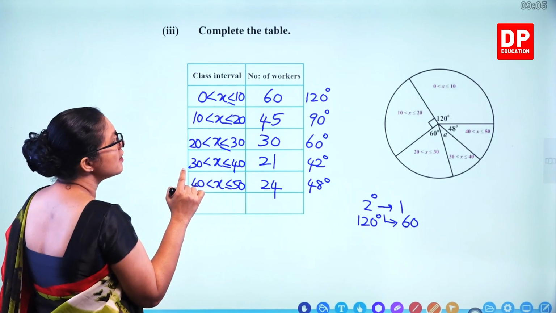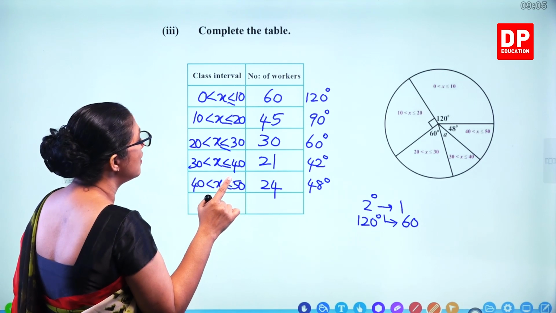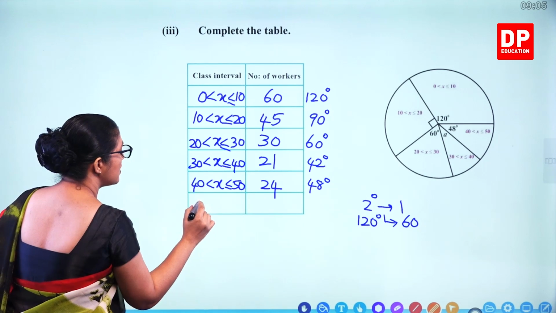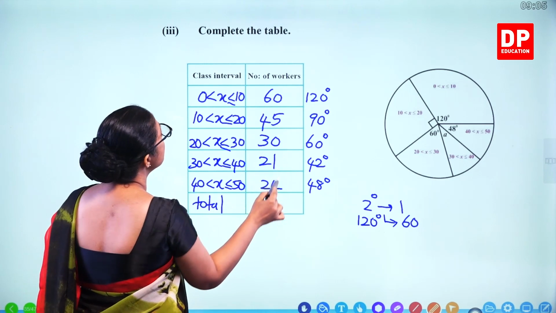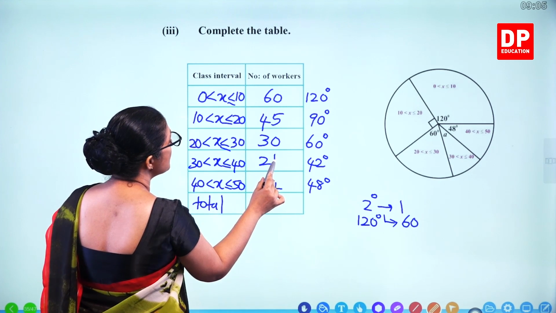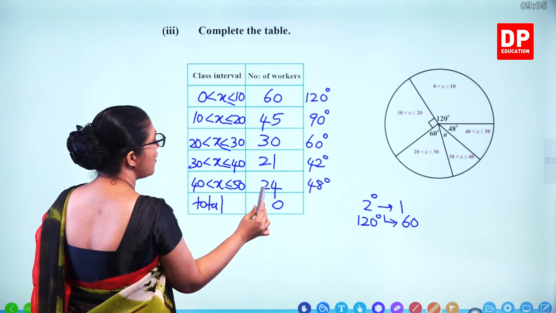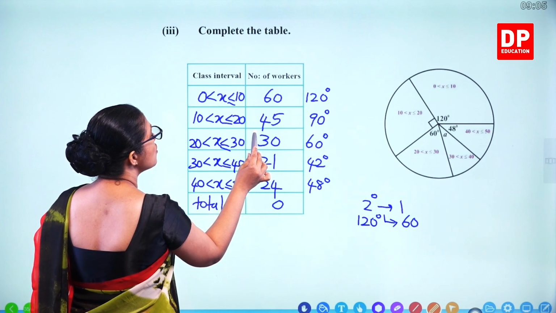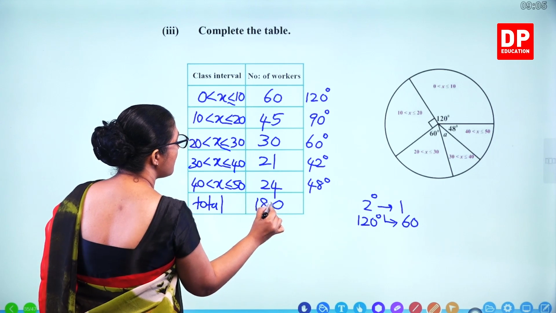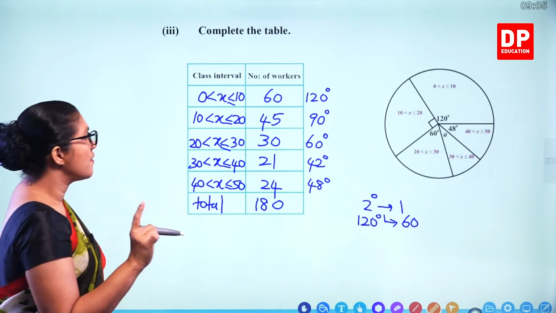So those are the intervals. So what's the total number of workers? You can add it. 60, 45, 30, 21, 24, that's 180 workers are there.